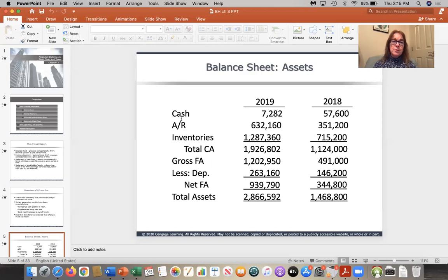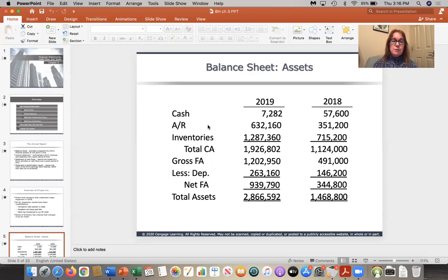Sometimes you'll see something under this called marketable securities. Marketable securities are just like a checking account, but you will earn a little bit more interest with marketable securities because they're buying short-term debt instruments like short-term government bonds. So you can earn a little bit more interest, but it's considered cash also. So if you see marketable securities under cash, it's the same as cash.